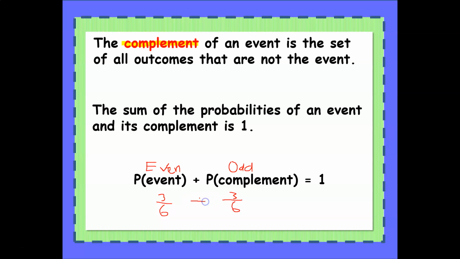So if we add those together, we get 6/6, or 1. So a complement of an event is all the outcomes that are not that event, and the sum of the probabilities of an event and its complement is 1.